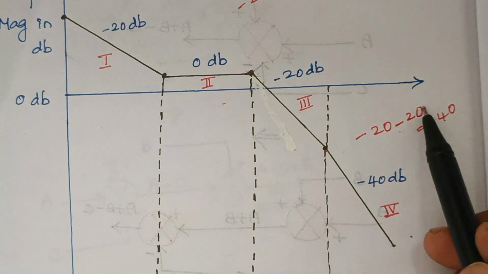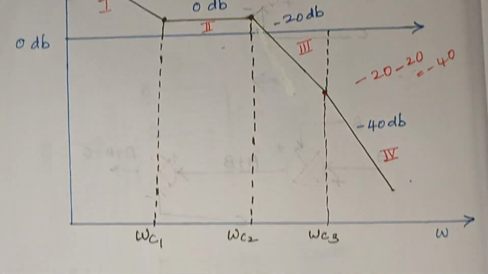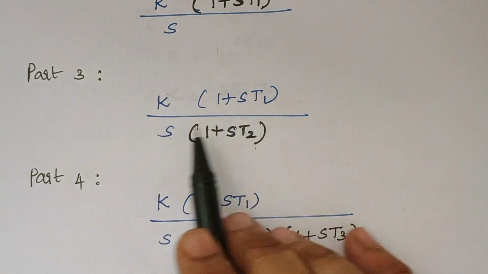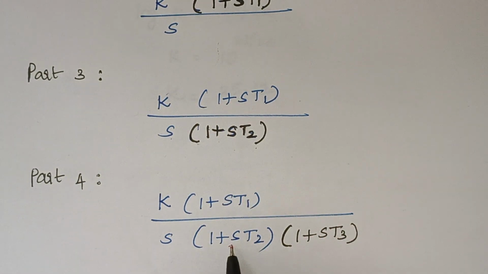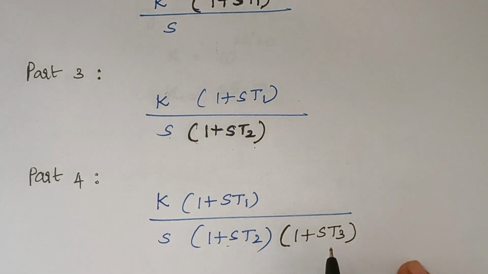So what does that minus 20 mean? It means that again we are having an s term in the denominator. Right. So here in our part 4 you have to write all the terms which are present in our part 3. So along with this I have to include another s term in the denominator part.